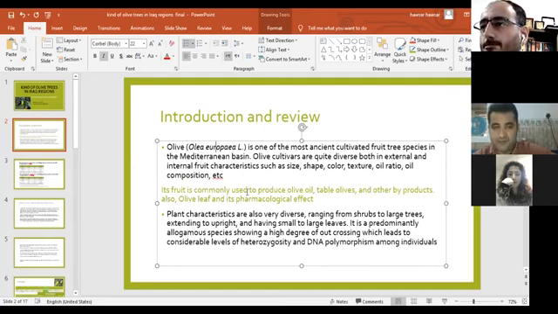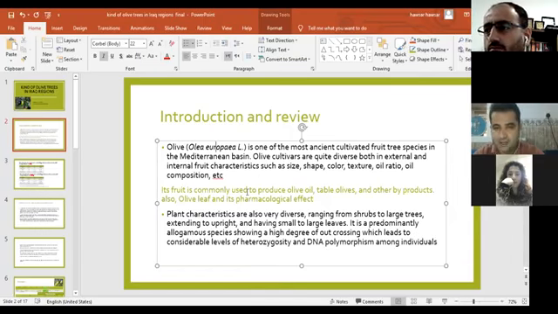We also use olive leaves for their pharmacological effects, for example for tea. Plant characteristics are very different, ranging from small to large trees and from spreading to upright, and leaves from small to large.